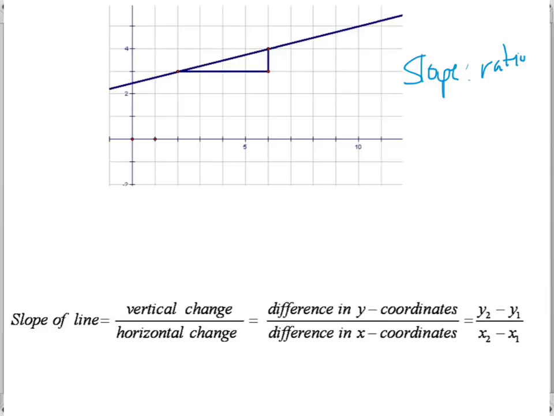Okay, so in this case, we can look at the slope with your eyes. So you can think of this as being 1 measurement up vertically versus 1, 2, 3, 4 measurements horizontally. And so our slope is the vertical change over the horizontal change.